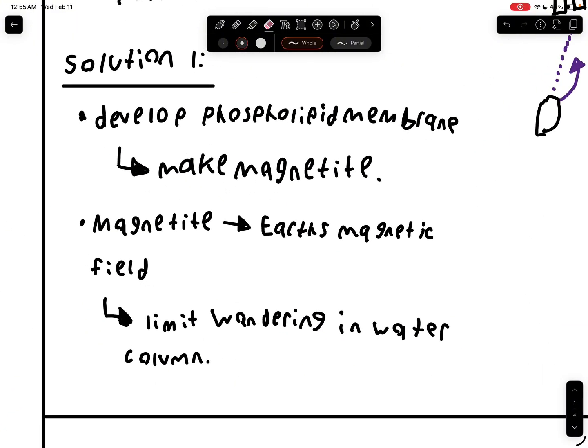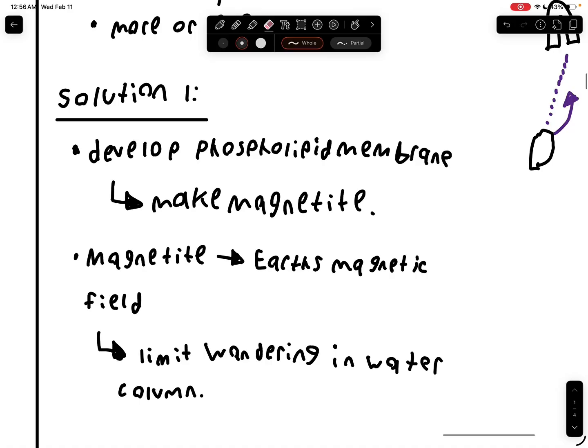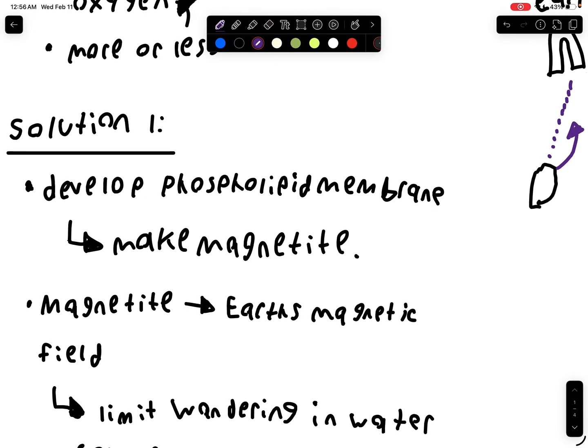So what they do is they create this magnetite, and it follows the Earth's magnetic field, allows them to figure out where the nutrients or oxygen are, and it limits wandering in the water column unnecessarily. And we said before that there's usually no membrane, right? This is the only exception here where it does have a phospholipid membrane. The reason for that is because it has to make its own magnetite.